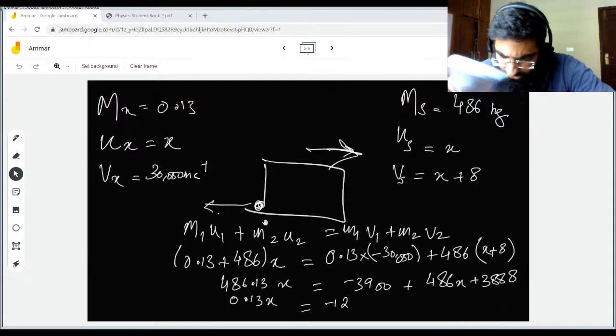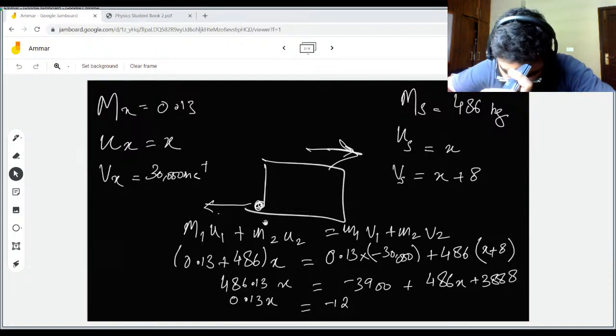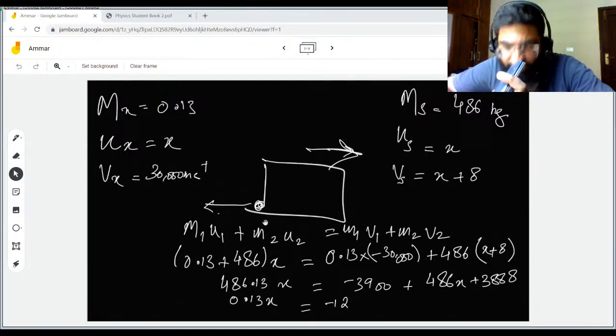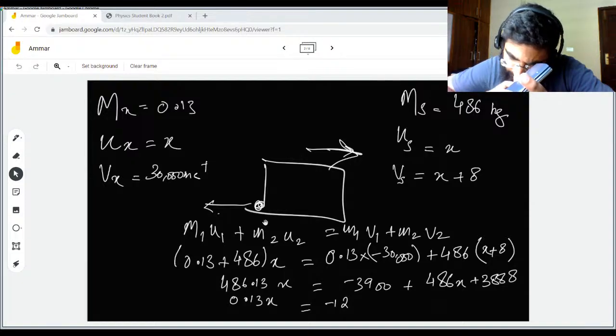3888. Wait, did I make a mistake? M1 plus M2, 486 plus 0.13, is equal to X. And over here, I said 0.13, which is M1, and it has a velocity V1, which is in that direction, minus 30,000, plus 486 times X plus 8.